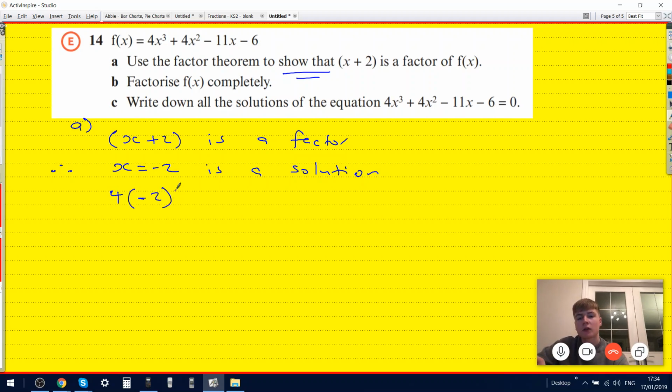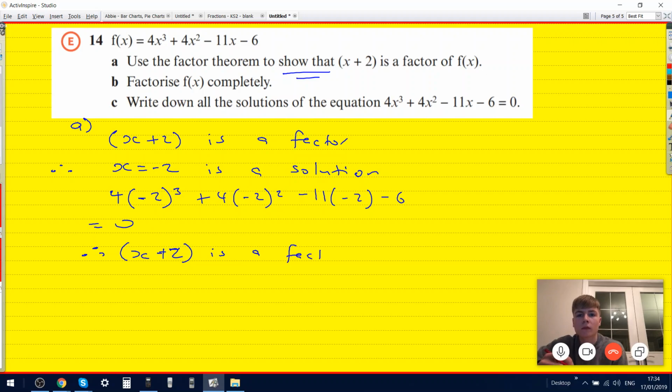So you put minus 2 for x and say it's equal to 0. Minus 6 equals 0. Therefore, just copy what they asked you to show, that x plus 2 is a factor. If you put that into your calculator, you would get 0, but I'm not going to bother because they told me it will give me 0.